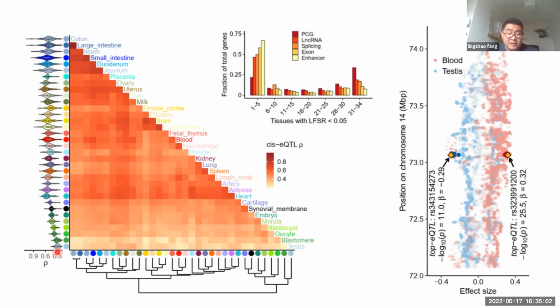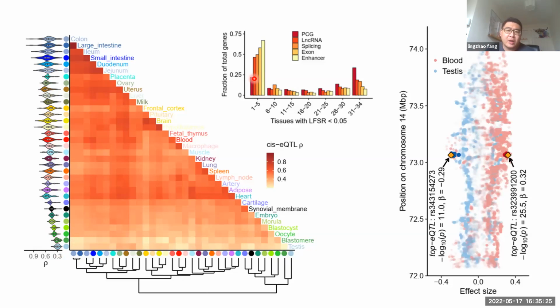So it's quite different. The testes have a very distinct transcriptome profile compared with the other tissues, and a similar finding has been reported in humans. Also, the tissues from early development stages are quite different from other tissues at the adult age.